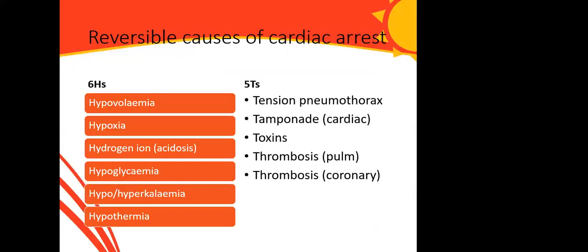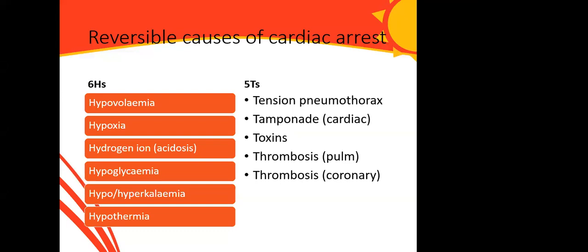Now, just to remind ourselves, the reversible causes of cardiac arrest across all ages are the 6 H's and the 5 T's. Hypovolemia, hypoxemia, hydrogen ion, which is acidosis, hypoglycemia, hypo- and hyperkalemia, hypothermia, tension pneumothorax, cardiac tamponade, toxins, and thrombosis, most of the time pulmonary, and we have coronary thrombosis, which can lead to stroke and cardiac arrest depending on how massive it is.